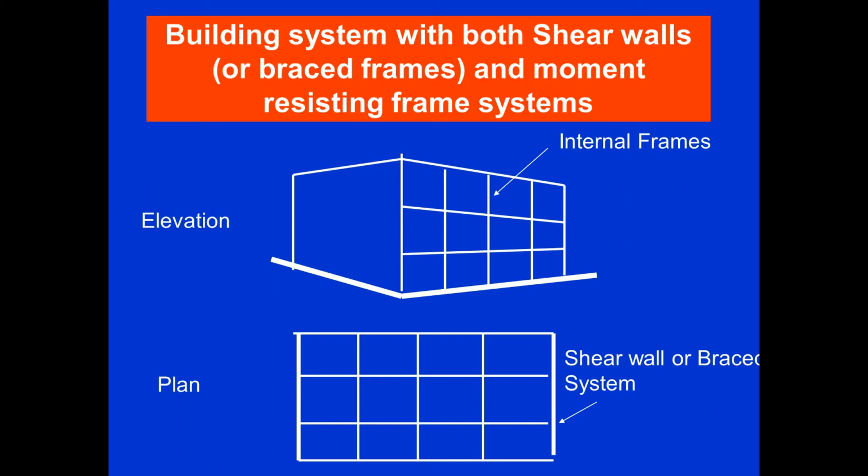So, as shown on the screen, it is clear that shear wall can be provided as a lateral load resisting system or a brace system. If you see the plan, it can be provided on the external periphery of the building as well as in the internal part of the structure.